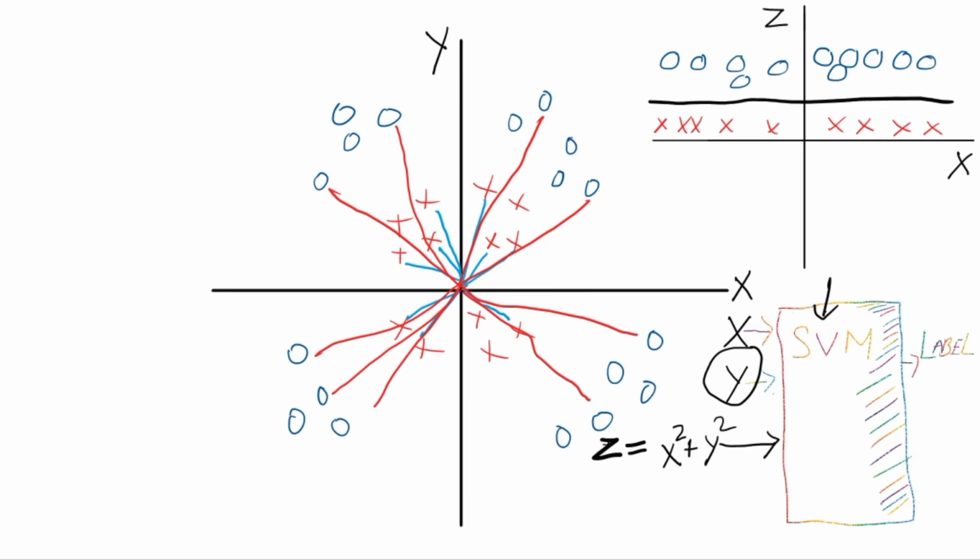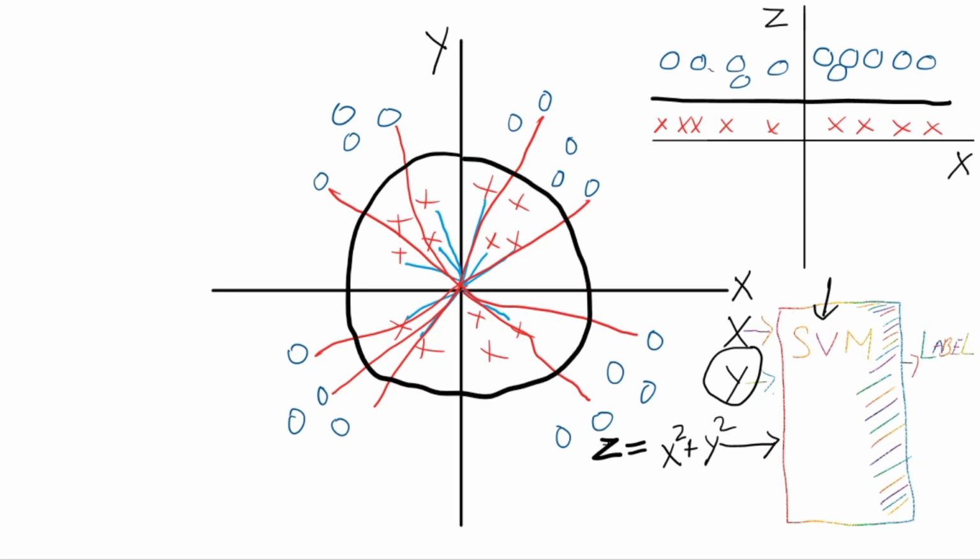What is really interesting is that this line over here in the original data corresponds to a circle. The circle of equal distance to the origin in the coordinate system. So as we added this new feature, we are able to use a support vector machine to learn a non-linear decision surface in the form of a circle.